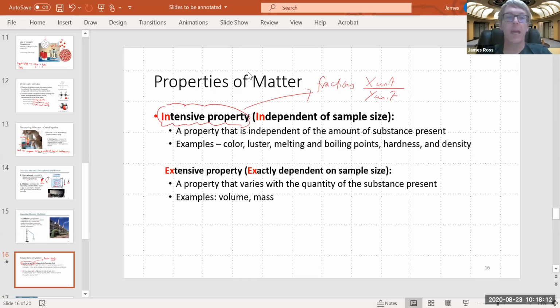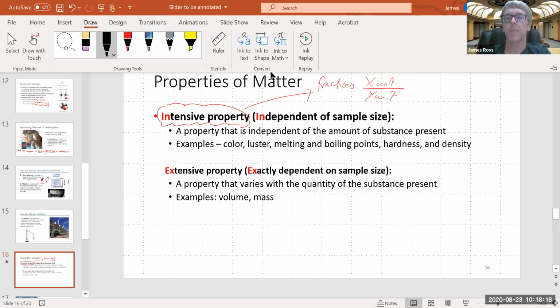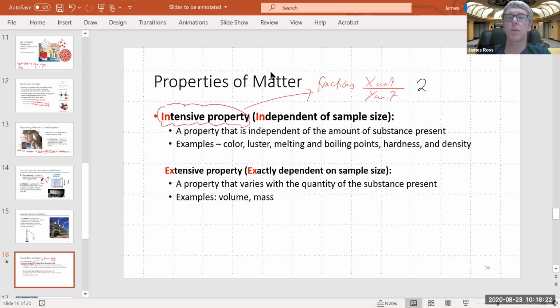And the reason why they're independent of sample size is because if you were ever to scale, the scale would apply to both the numerator and the denominator. So the scale would cancel itself. So you always return to a constant value.